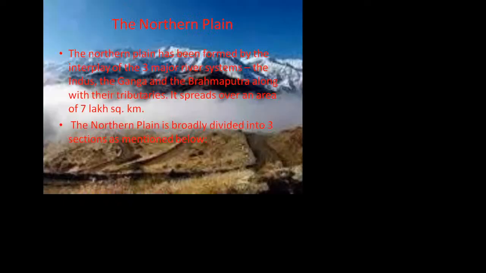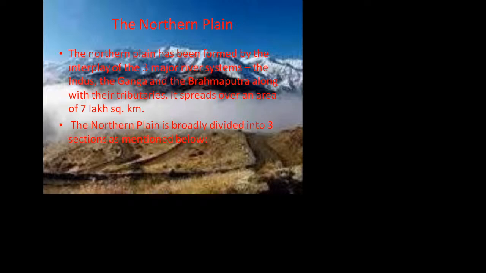Then comes Dhaulagiri, which is in Nepal, and the height is 8,172. Then comes Nanga Parbat, which is in India, height 8,126 meters. Annapurna is in Nepal, height 8,078. Then comes Nanda Devi, which is in India, and the height is 7,817.